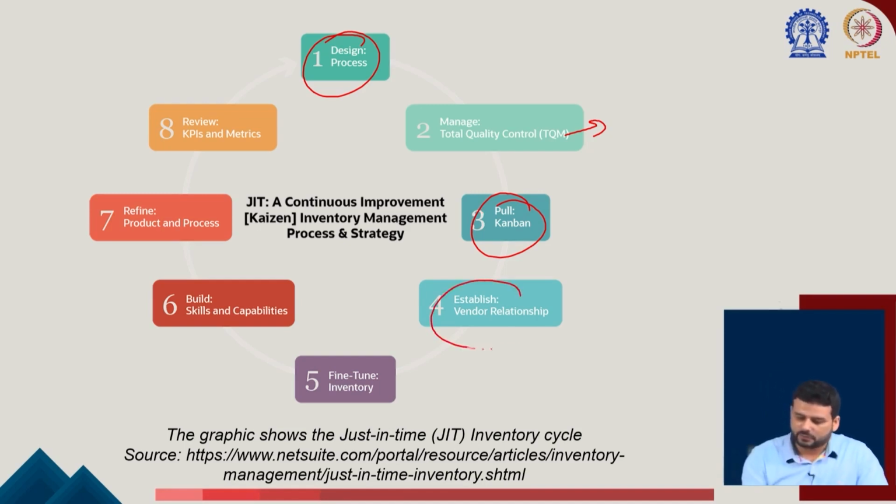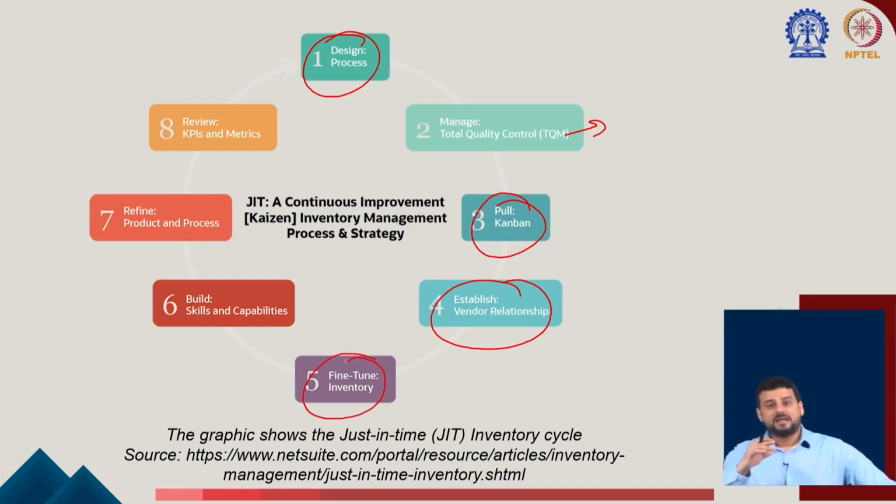Then you need to establish strong vendor relationships, only then will just in time happen, and then fine tune the inventory. That means if you are not maintaining minimum stock, you have to be very good with forecasting, with predictive analytics, with observing customer buying behavior and buying patterns, right?